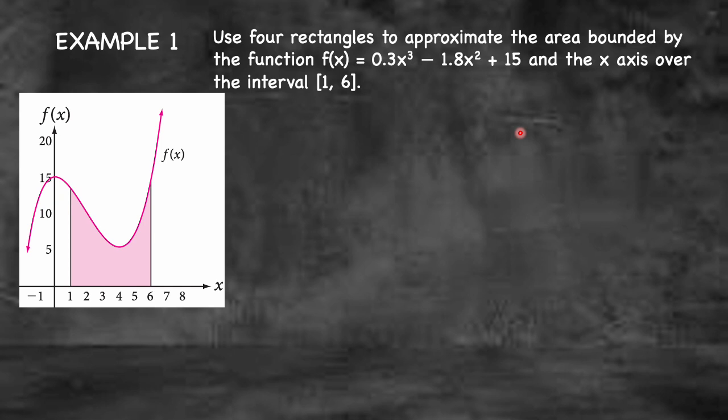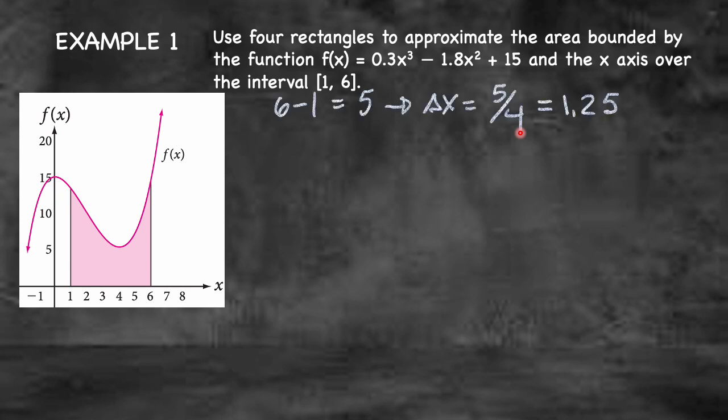In order to approximate this area, according to the directions, we're going to use 4 subintervals with 4 rectangles. And so we need to first find the subintervals. We need to take the length of that interval from 1 to 6 and split it into 4 subintervals.